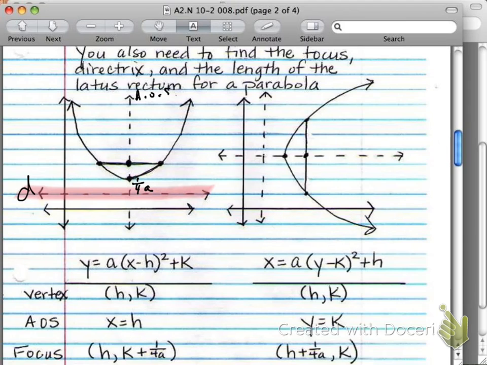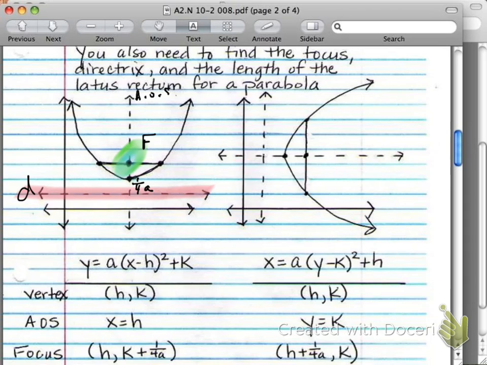Now, this point right here, oh, you can't see it. That's not the greatest color. That is the focus. I used a blue, sorry. That's the focus point, and it's a point. If you have this chart already started, this particular parabola goes with this chart.